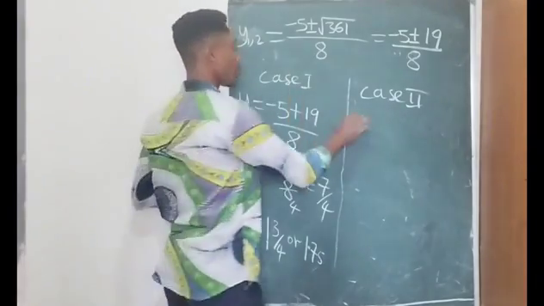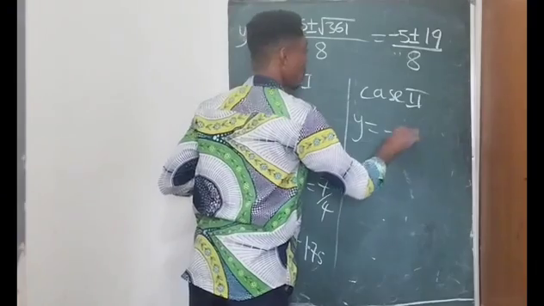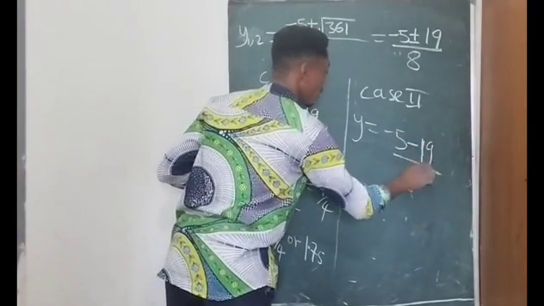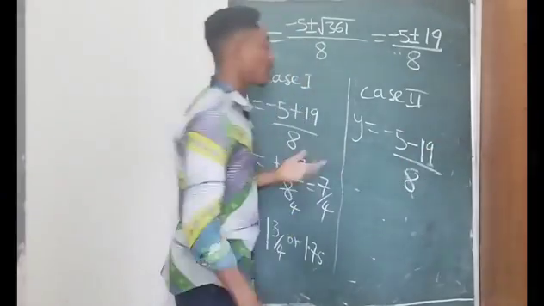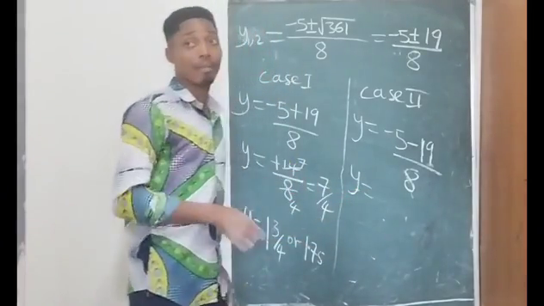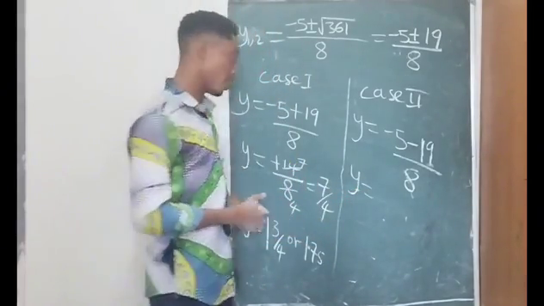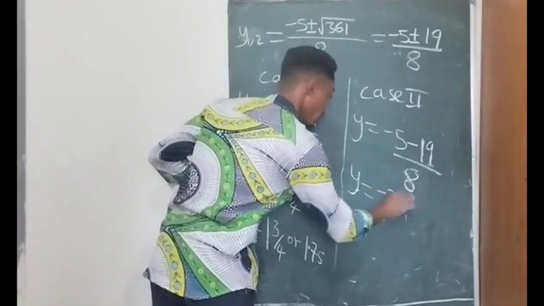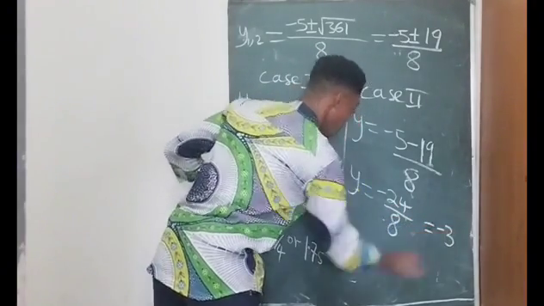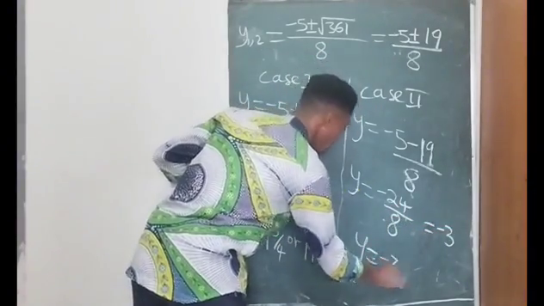For the second case, y equals minus 5 minus 19 all over 8. Minus 5 minus 19 simply gives you minus 24 all over 8, which gives you minus 3. So y equals minus 3.